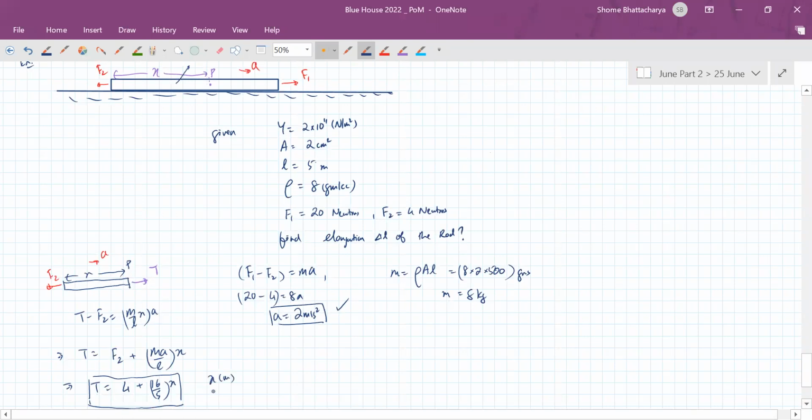X is in meters, tension is in newtons. So from this you can see the stress is also linear.